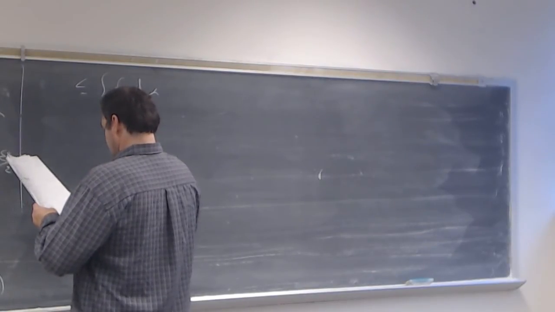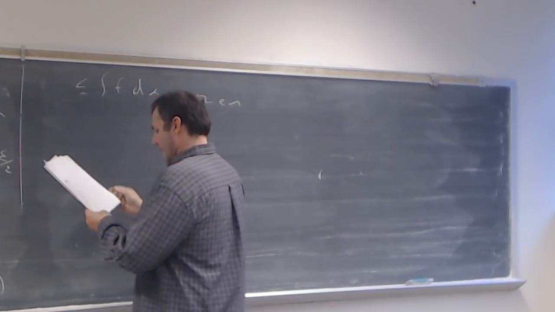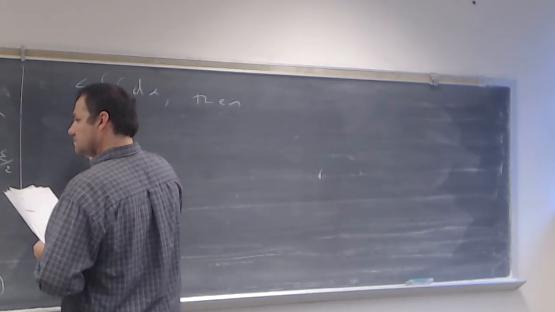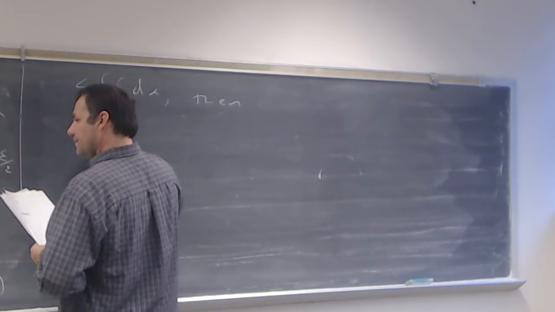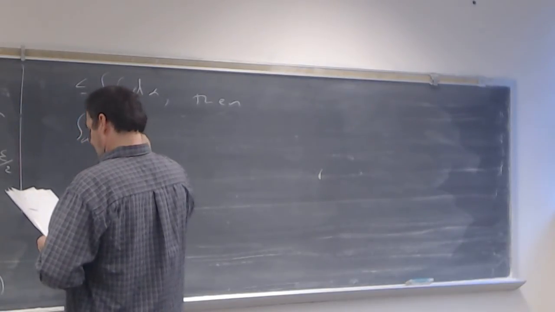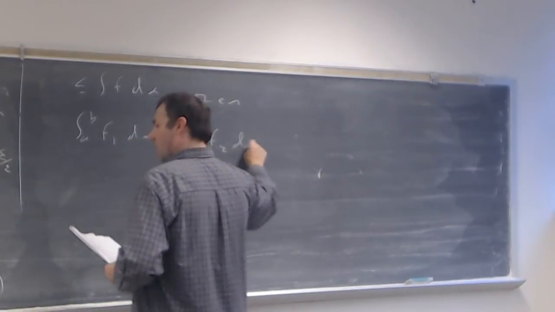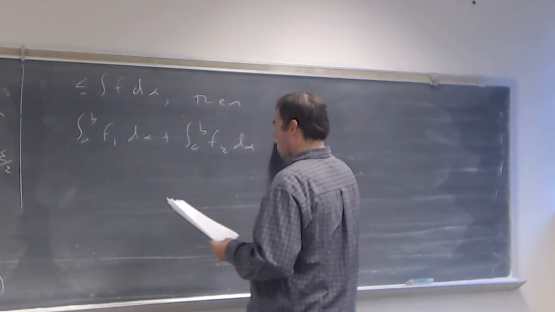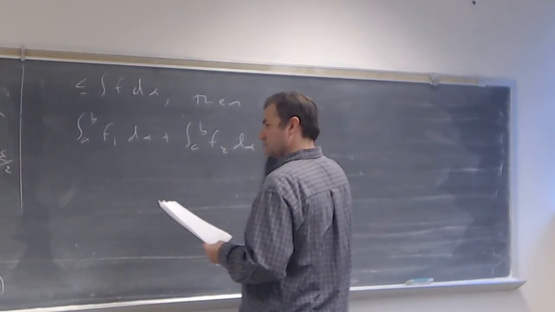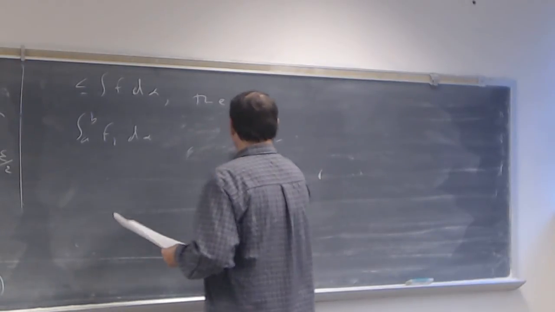Then what we have is the integral from A to B of f sub 1 d alpha plus the integral from A to B of f sub 2 d alpha will be less than, I should have said something different here, I'm sorry.